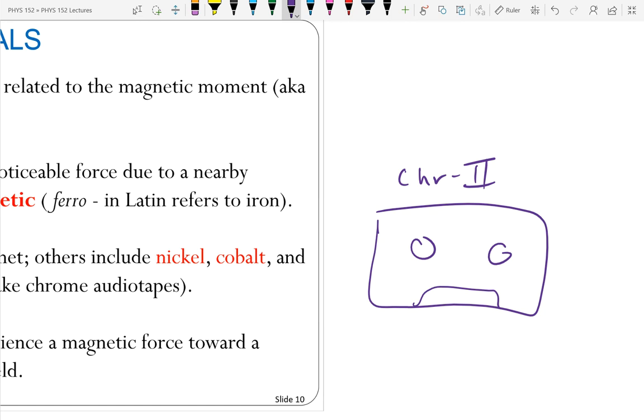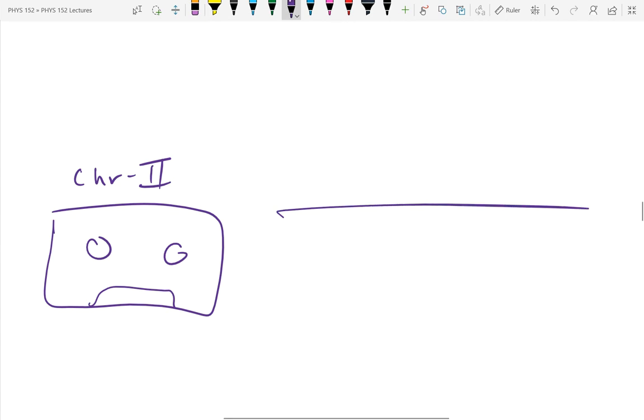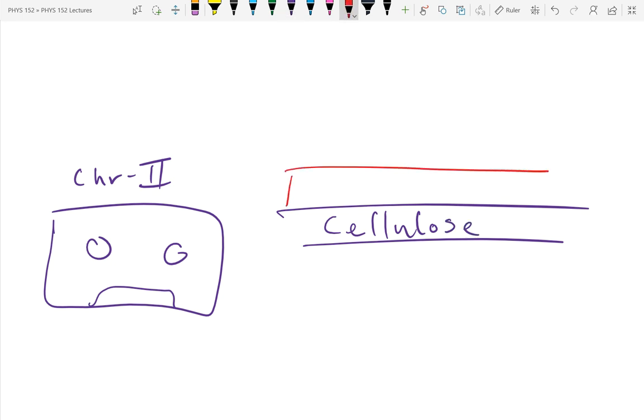And I was like, I wonder what that means. Well, that would be that it was using chromium-2 as its magnetic material. Because what you had on this tape was a piece of, what is it? Cellulose? Not cellulite, that would be funnier. And on top of that, you have a gel. And in that gel, you have little magnetic materials.